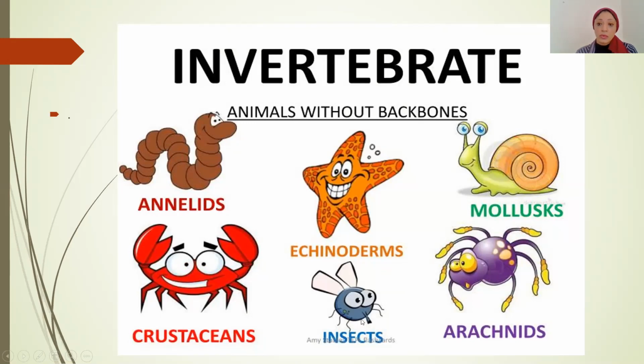Insects, another group. Mollusks include the snails, and we have arachnids, which include the spiders. For these groups of invertebrates, we can find many examples. But today I'm going to talk about only one group of these invertebrates, the insects.